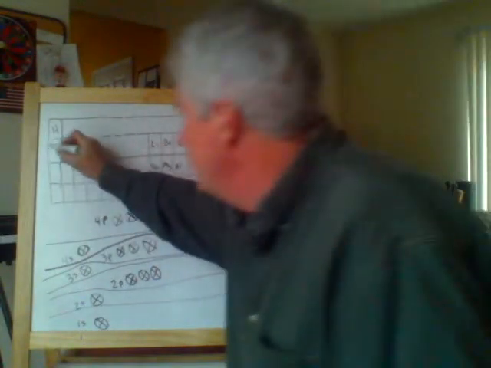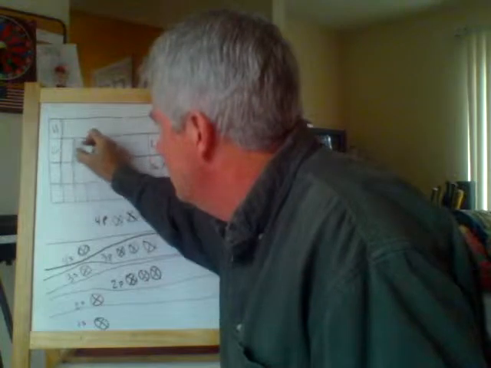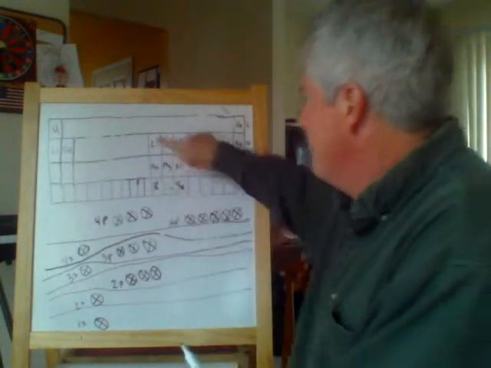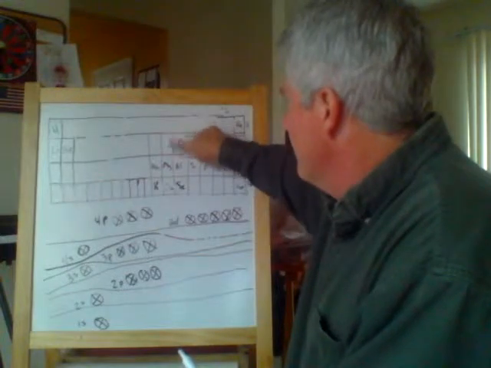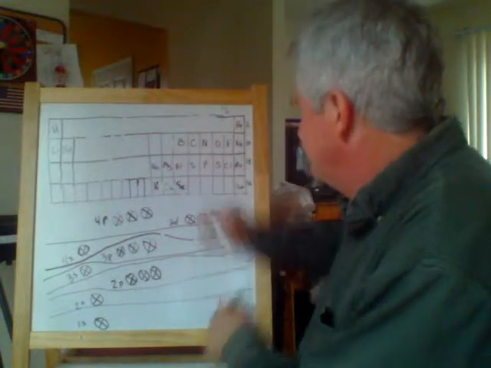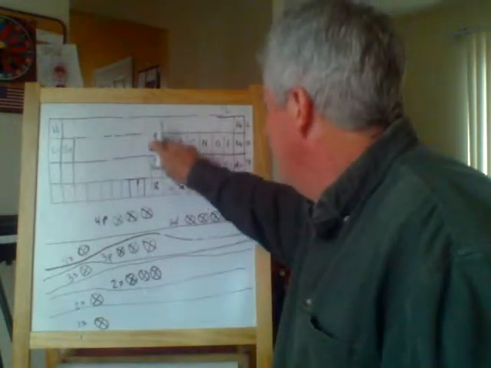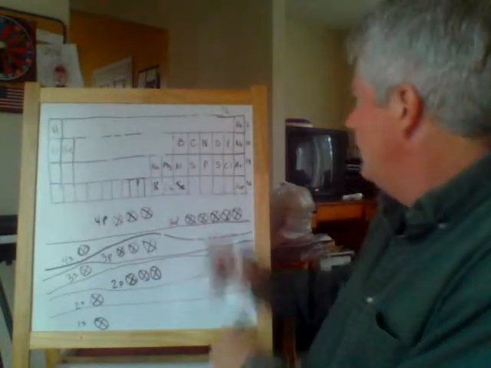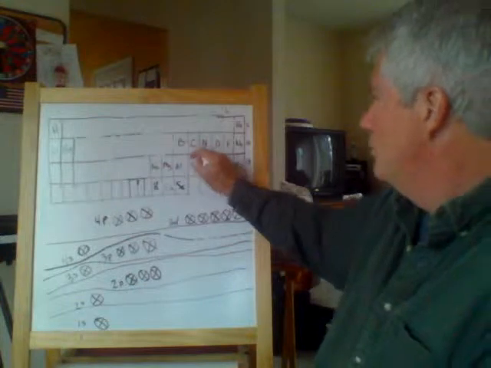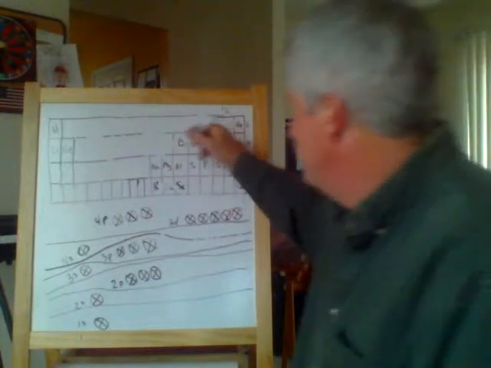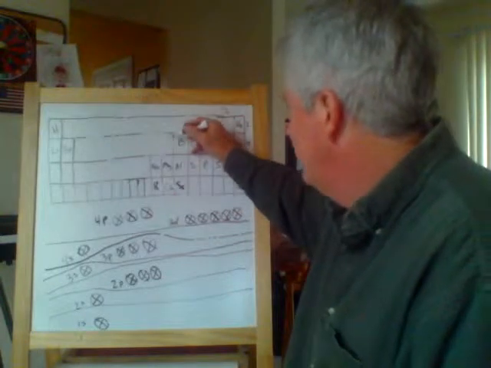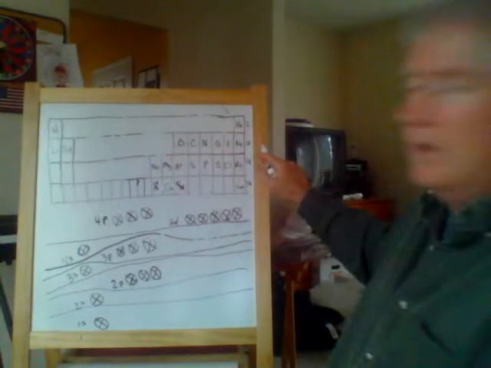It's convenient to put the s filling elements to the left, and then have a big blank space here, and then continue on with the p orbitals. 1, 2, 3, 4, 5, 6. The 6 p orbital ones go to the right.